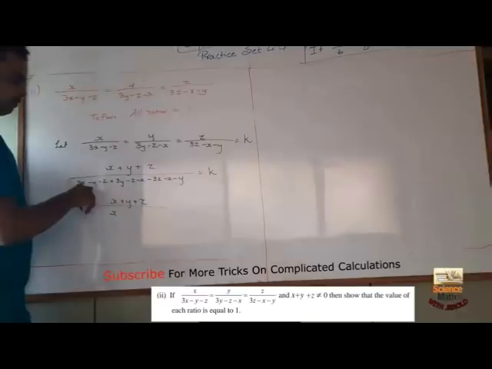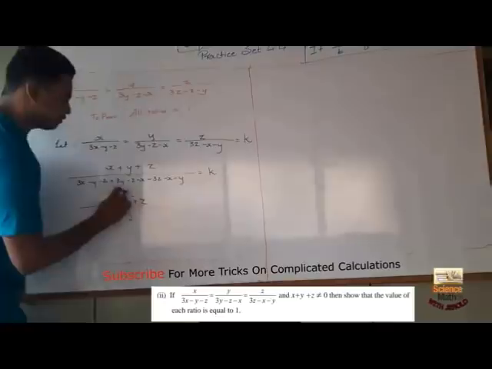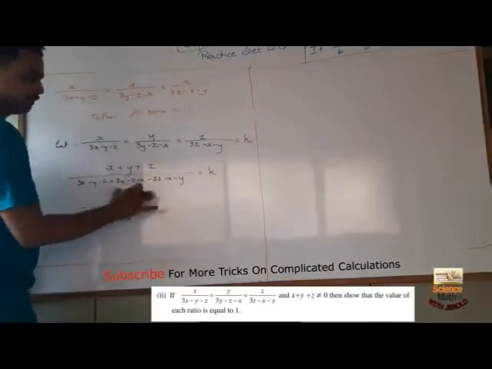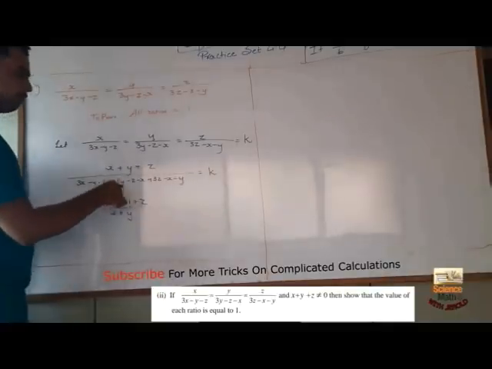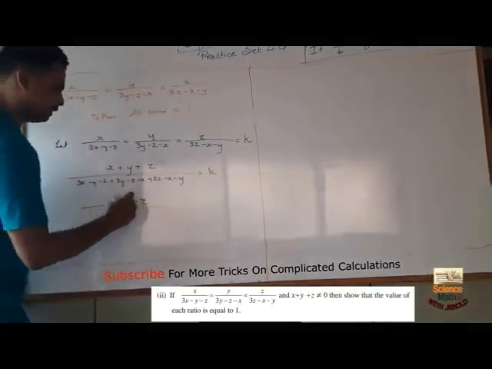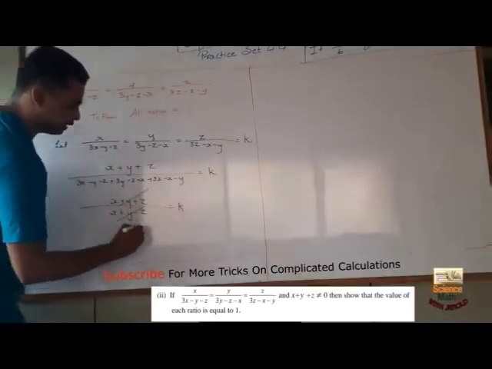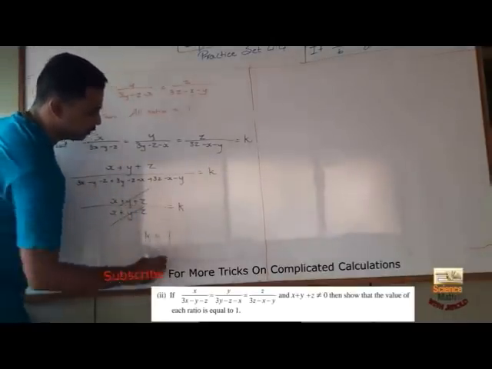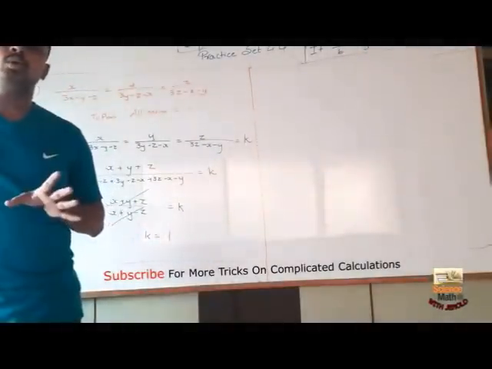Plus 3y minus 2y will give me y. And similarly, plus 3z minus 2z will give me z, is equal to k. Now numerator and denominator get cancelled, therefore k is equal to 1. Hence all my given ratios are equal to 1.